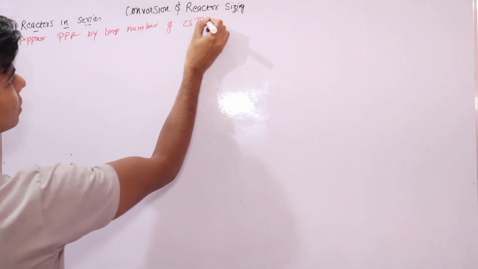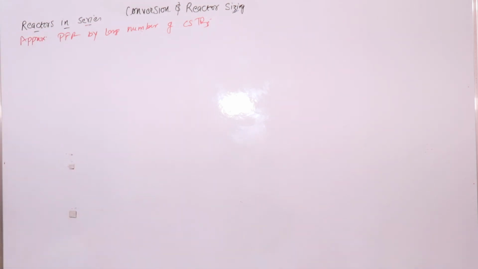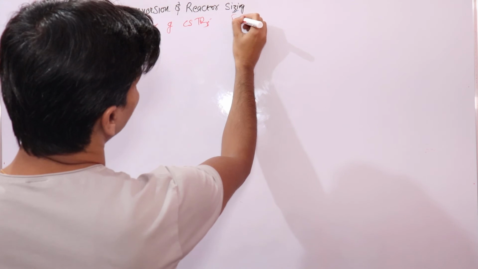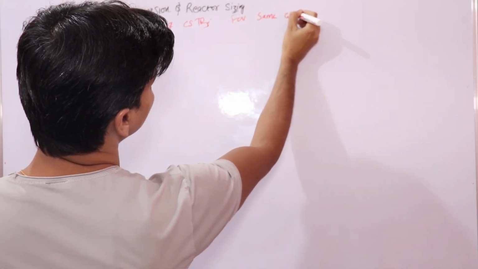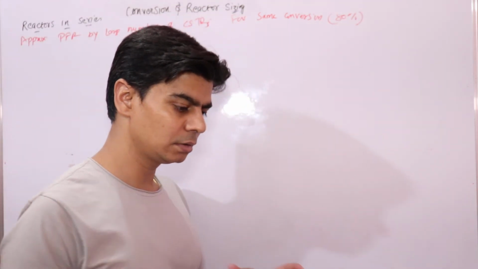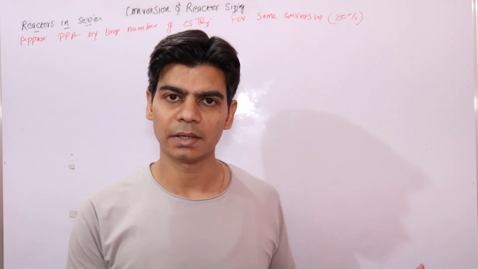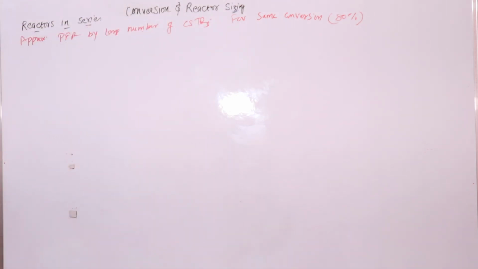For this, to achieve the same conversion, say 80%, what is the total volume of all CSTRs? We will compare the volume of one plug flow reactor and multiple CSTR reactors in series.